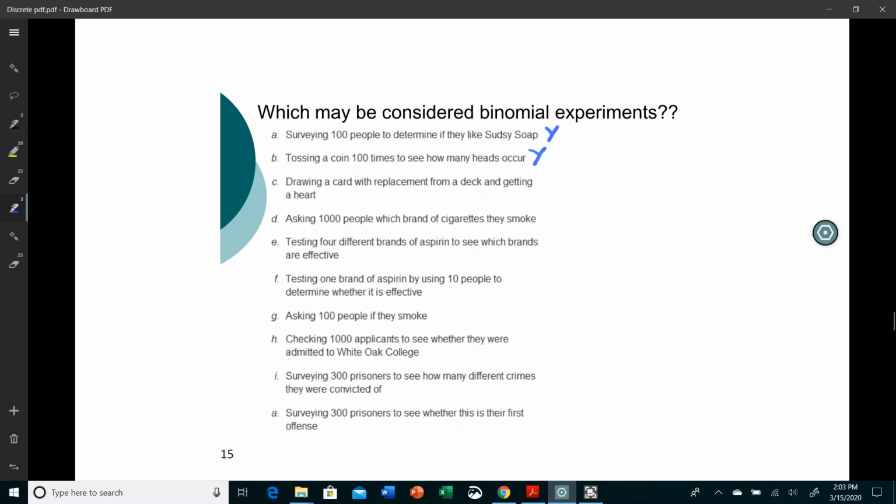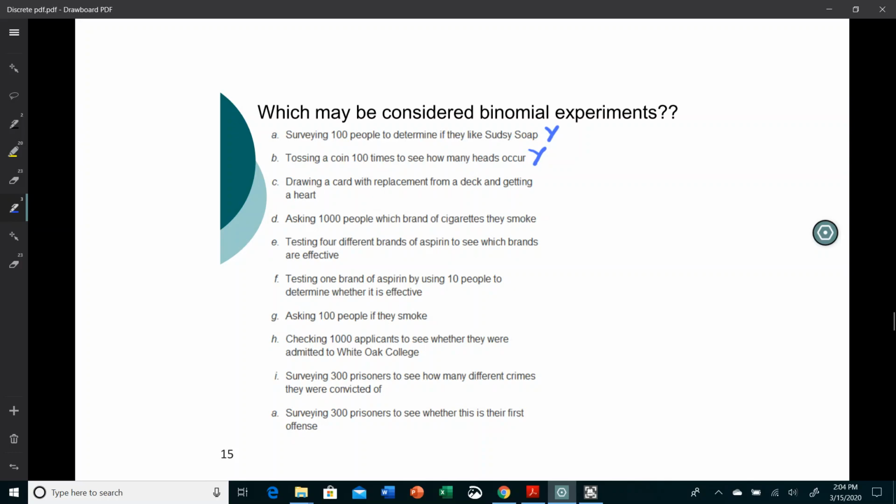If it's just a single time drawing a card from a deck and getting a heart, but it says with replacement, so it sounds like we don't have a fixed number of trials here. So if we don't have a fixed number of trials for this experiment, then we wouldn't have a binomial experiment.